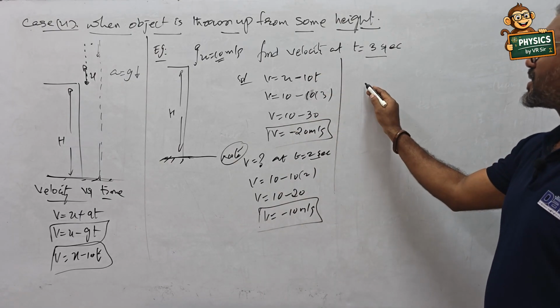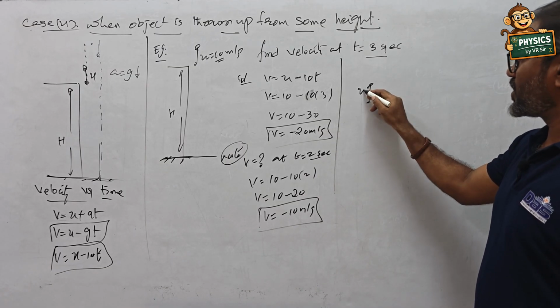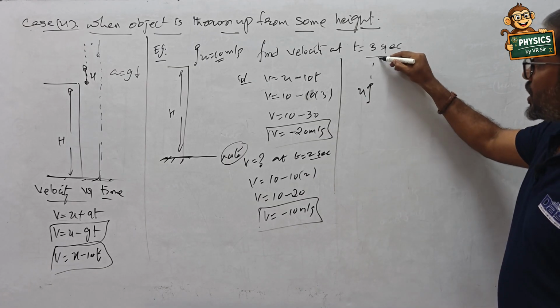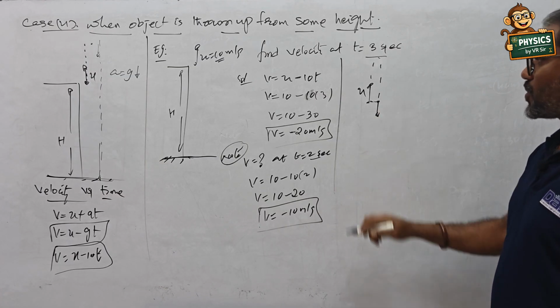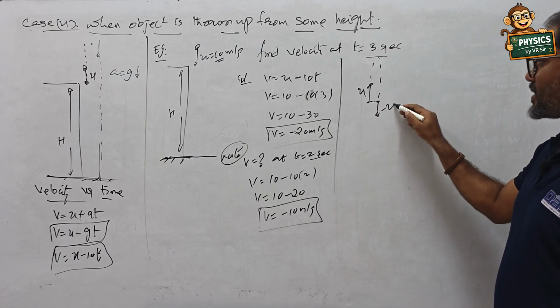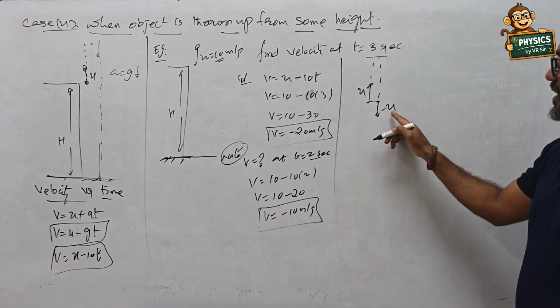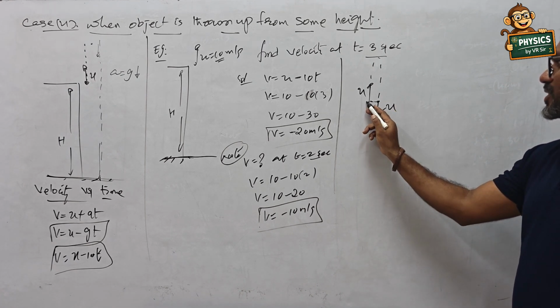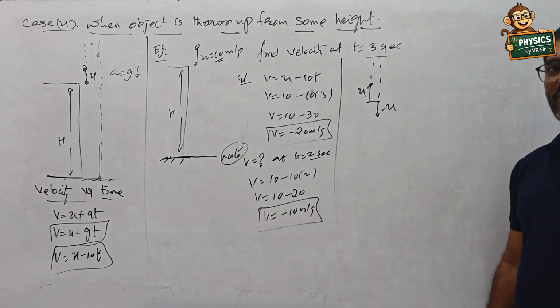When the object moves up with velocity u, then at the same point while coming down it must have minus u. If it is 10 meters per second going up, it must be minus 10 meters per second at the same location while coming down.